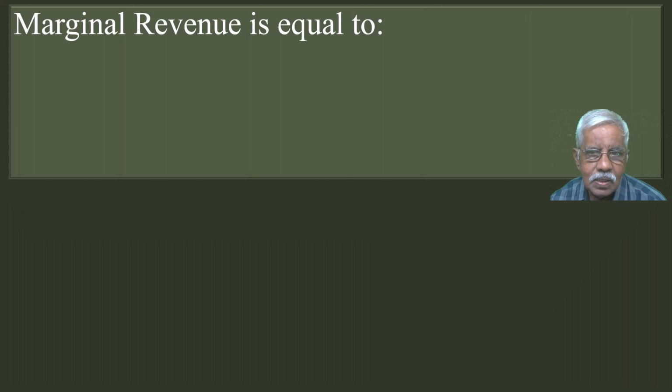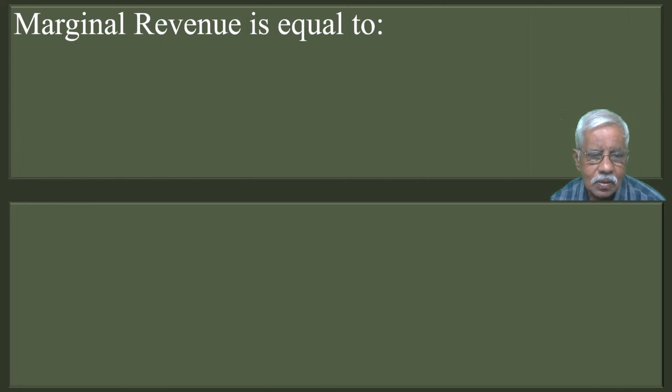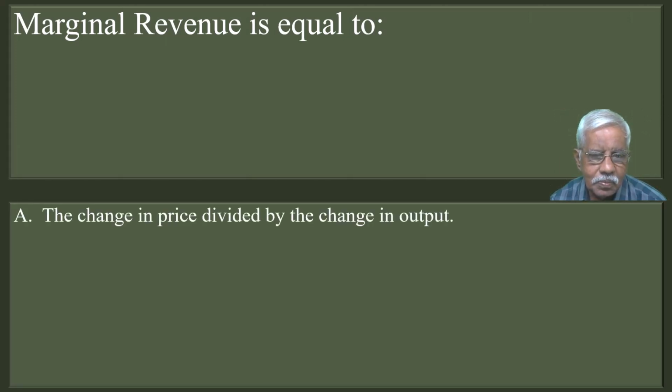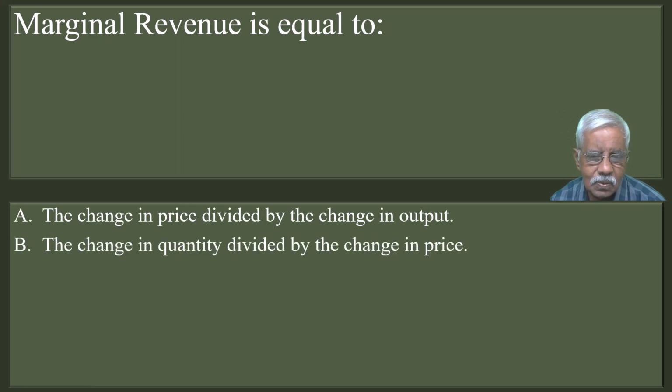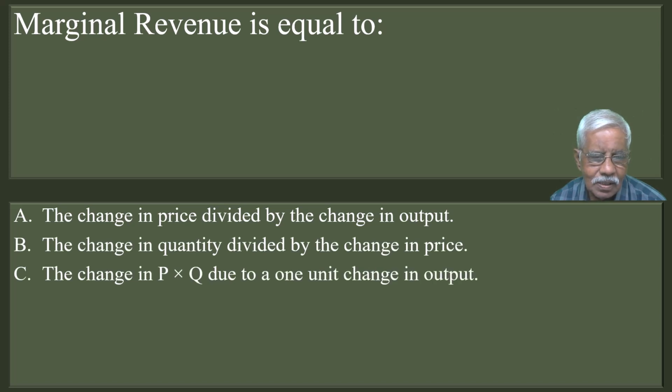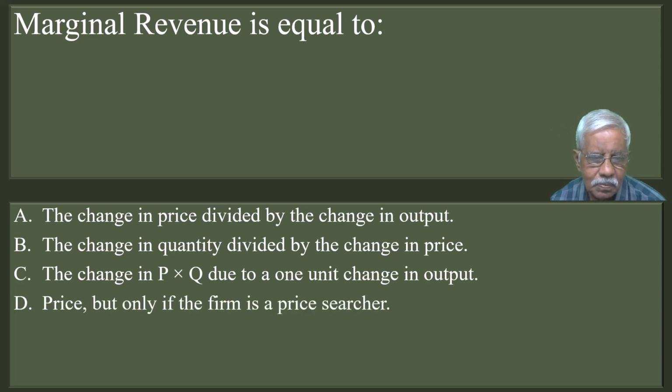Marginal revenue is equal to change in price divided by change in output, change in quantity divided by change in price, change in P times Q due to 1 unit change in output, but only if the firm is a price searcher.